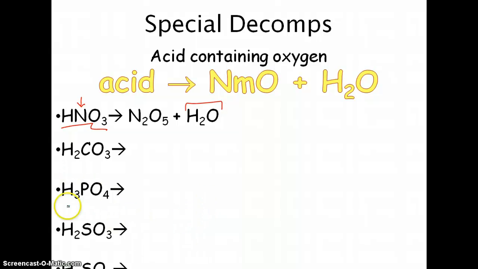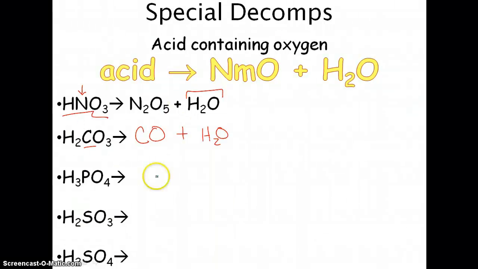So if we looked at the second one, we're going to get the non-metal forming with the oxygen, and then we're also going to get H2O. Okay, all right, now the products of these reactions tend to be sort of different, so you kind of have to memorize, especially the nonmetal oxides, which you get.